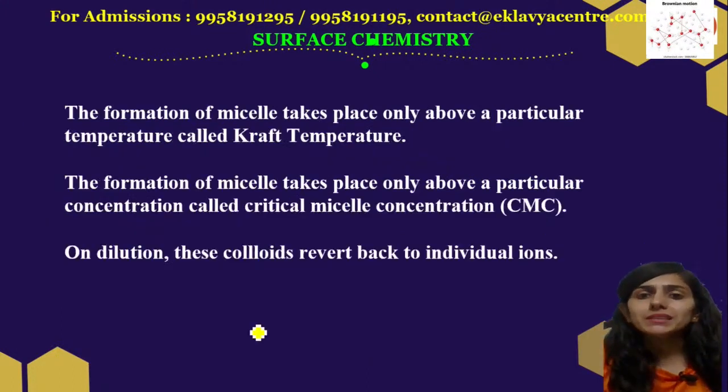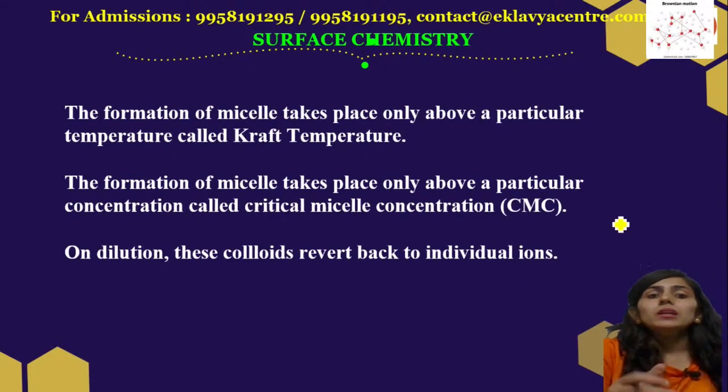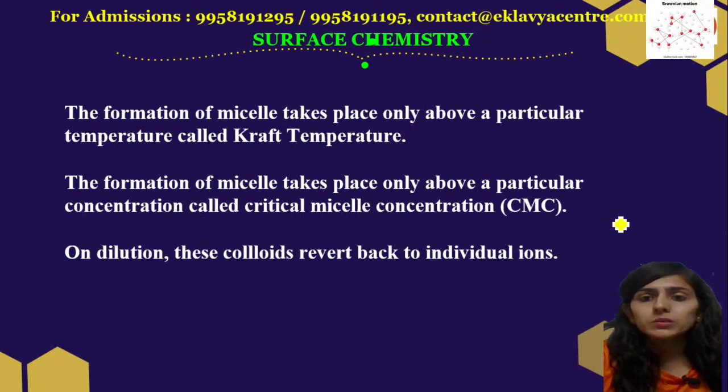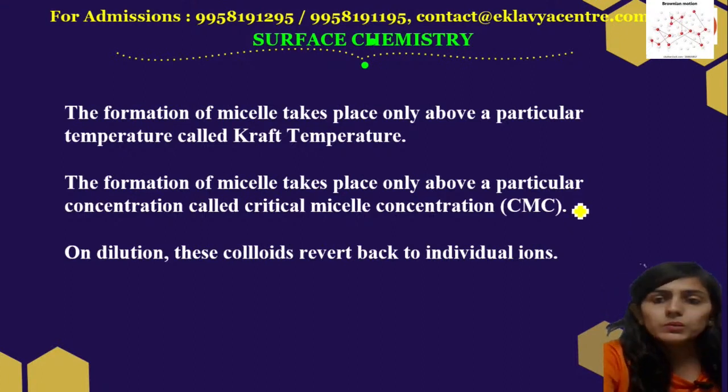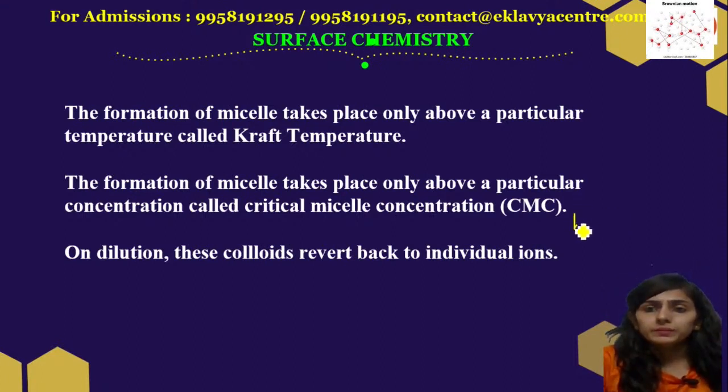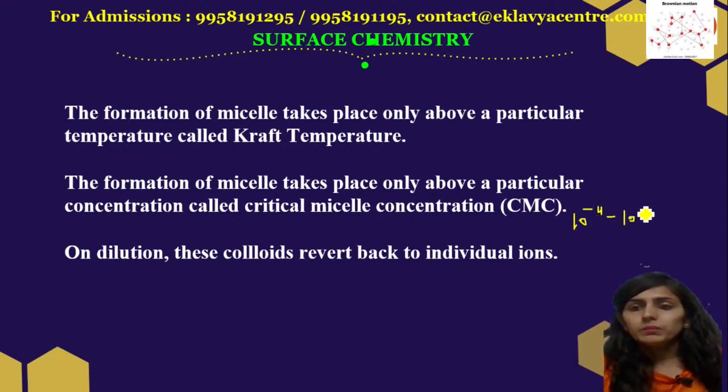Let's see the next slide. The formation of micelle takes place only above a particular temperature, that is the Kraft temperature, and also only above a particular concentration, that is the CMC, critical micelle concentration, whose value is 10 to the power minus 4 to 10 to the power minus 3 mole per liter.